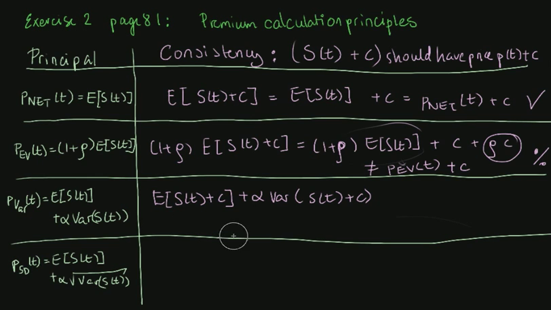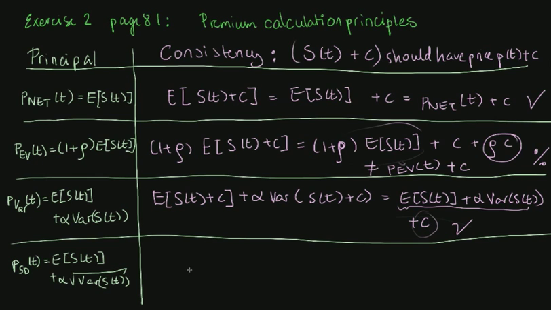So because of this, I have that this expression is just the mean of S(t), and then plus the c that goes outside the expectation, and then plus alpha multiplied by the variance of S(t), which I can then recognize as just the variance principle premium of S(t), and then I have plus c. So the variance principle also satisfies consistency.